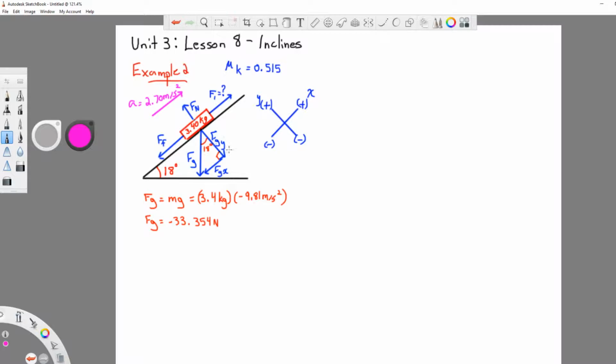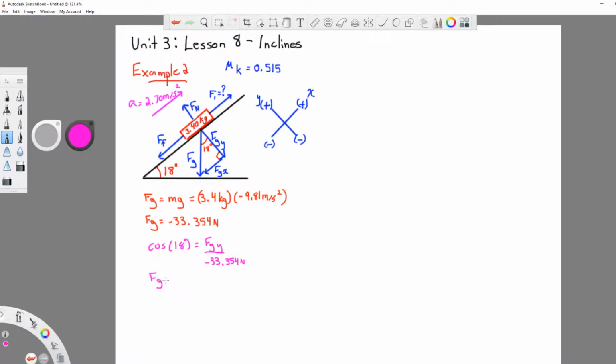All right, but why stop there? Why don't we just solve this FGY and FGX value while we're at it? So we can say FGY is our adjacent side. We've got an angle, and we now know FG, which is our hypotenuse. So we can use cosine for that. So cosine of 18 degrees is equal to FGY divided by, well, this value here, negative 33.354 newtons.